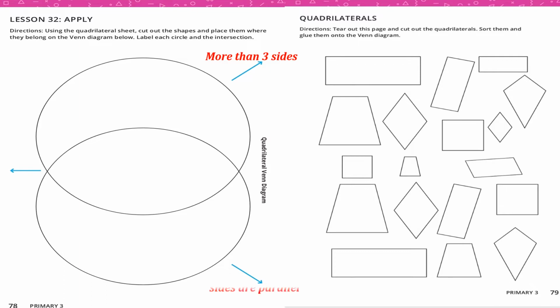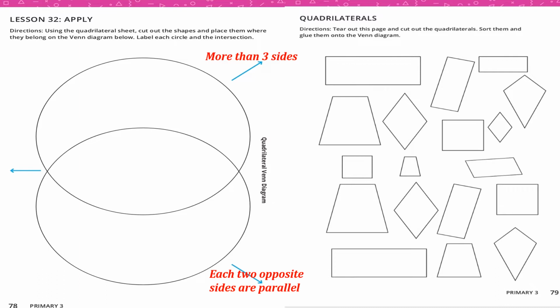In the next circle, we will put the shapes that have each 2 opposite sides parallel. Only the shapes with each 2 opposite sides parallel I can put here in the second circle. But focus with me. Between 2 circles, we have here an intersection area. This is called intersection.